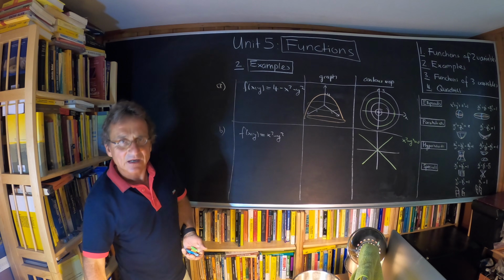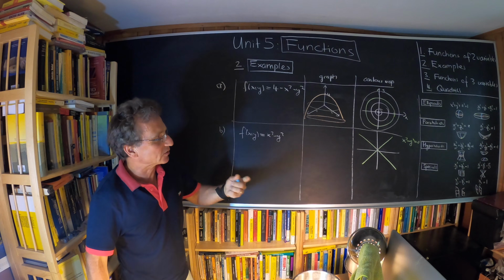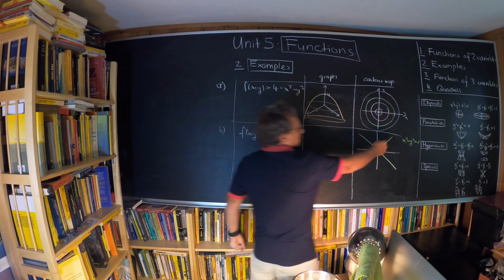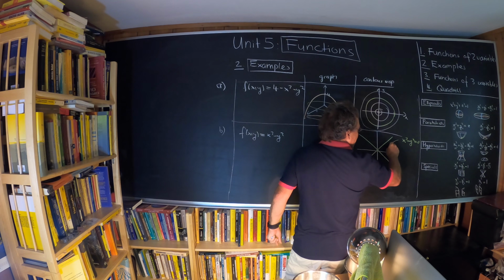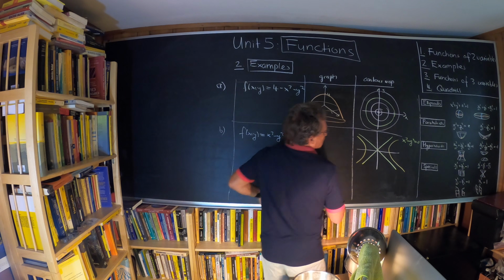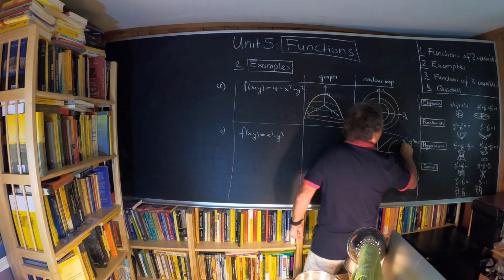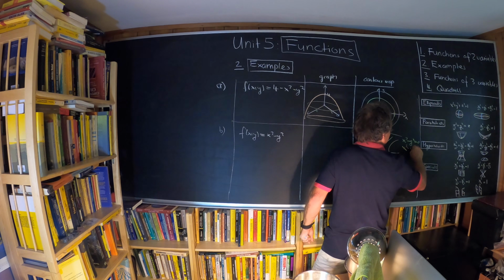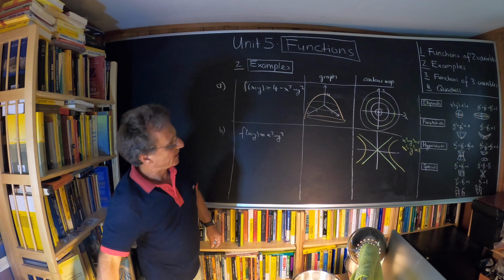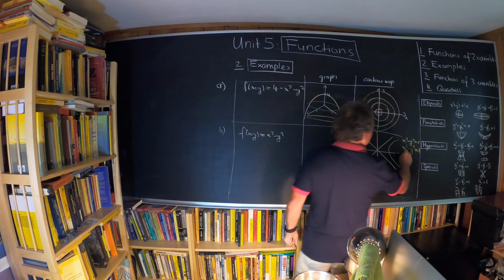And you might have seen, especially after having worked on the homework for today, that x squared minus y squared is equal to 1 are hyperbolas. And let's also look at the case x squared minus y squared is equal to minus 1.